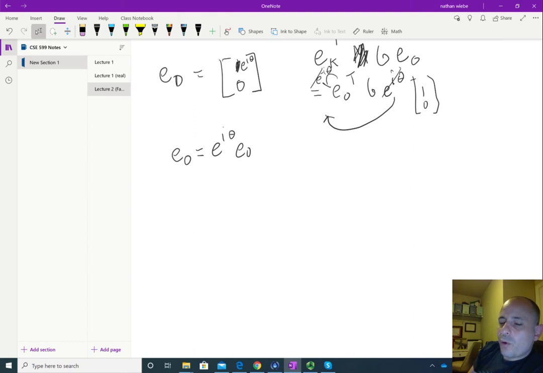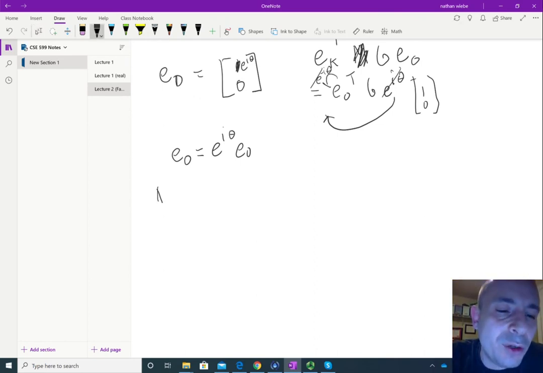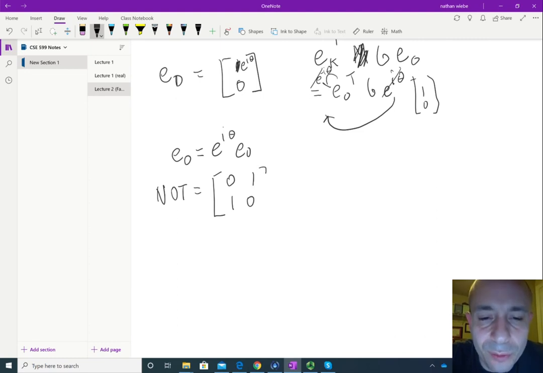Now, before I conclude, the other thing I'd like to do is give you some examples of unitary operations which would be valid to manipulate quantum states. The first example is one that you're already aware of, the NOT gate. As I mentioned before, the NOT gate in the computational basis is [[0,1],[1,0]].